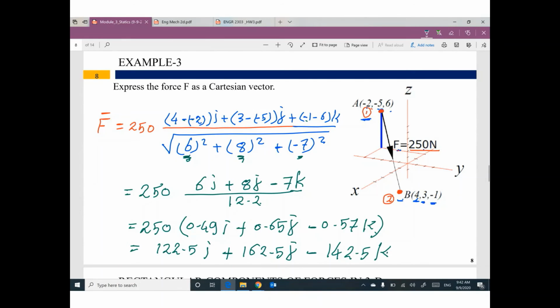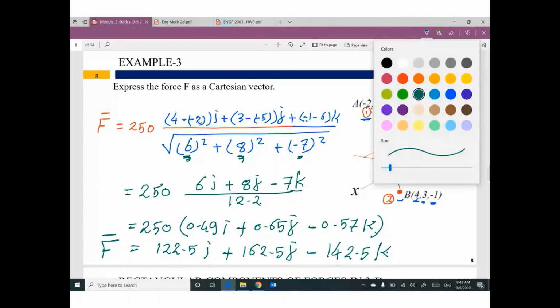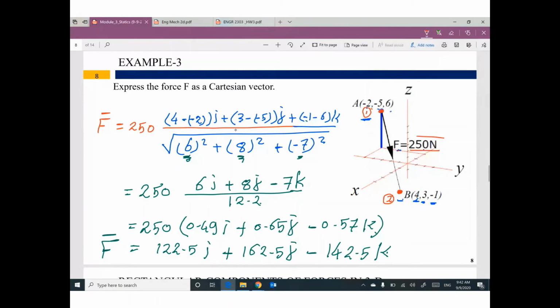So finally, I can figure out the three components of this force 250. The x component equals 122.5, the y component equals 162.5, the z component equals negative 142.5.